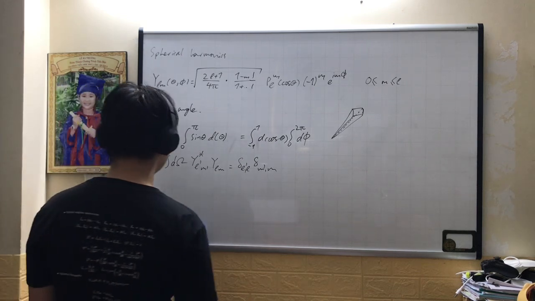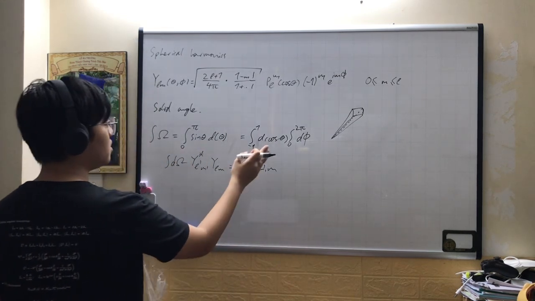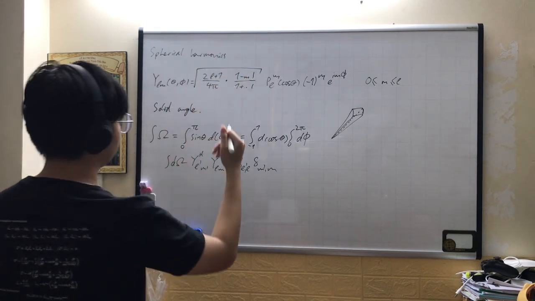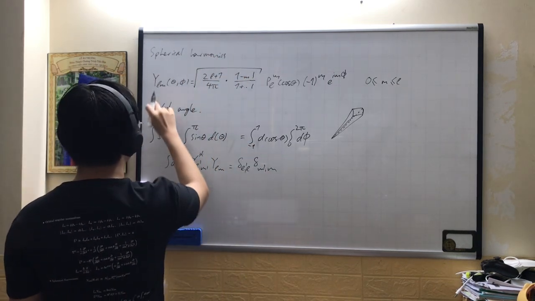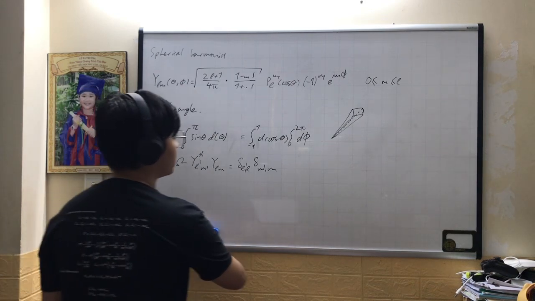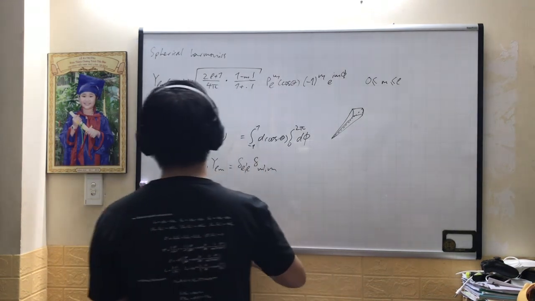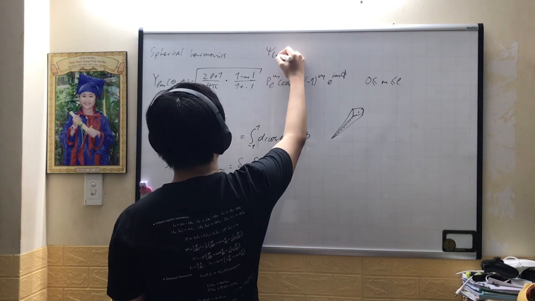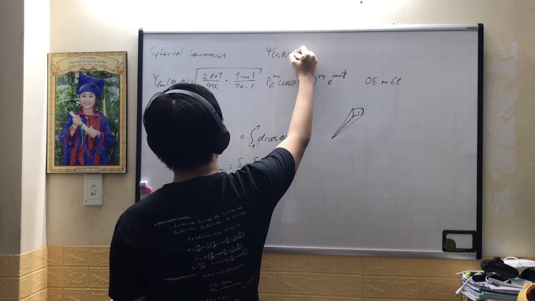Right, so now from this, as I mentioned before, your wave is going to include the spherical harmonic as its solution. So your wave is now a function of r, theta, and phi.